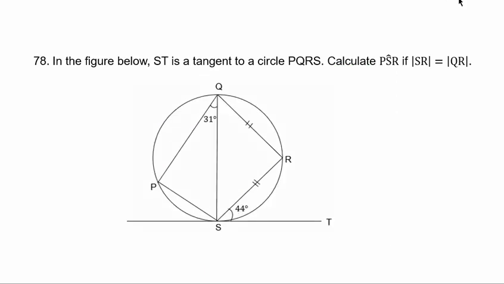Example 78. In the figure below, ST is a tangent to a circle PQRS. Calculate angle PSR if SR is equal to QR. This is the required angle, and it is equal to the sum of the two sub-angles.